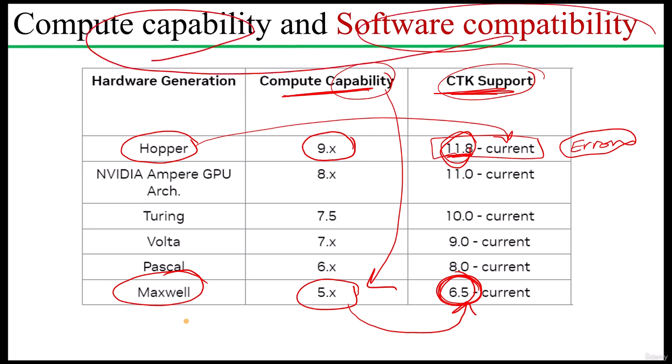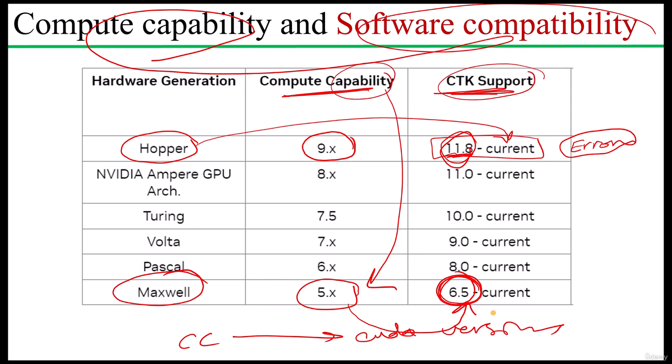So the relationship between the compute capability and the supported CUDA versions, as mentioned in this table, is central to understanding how to align your hardware choices with your software needs. It is not just about having a powerful GPU. It is about having a GPU that is compatible with the tools you need to use.